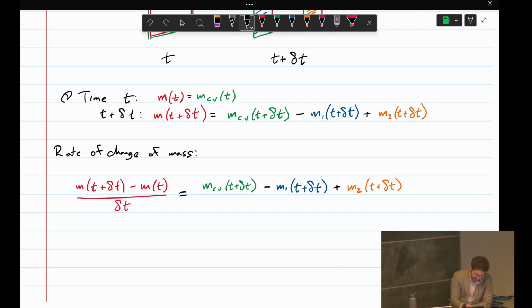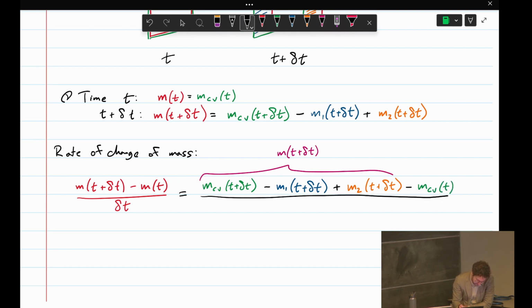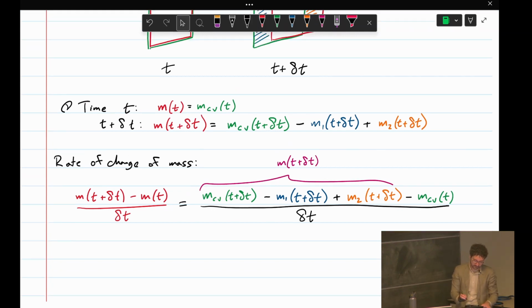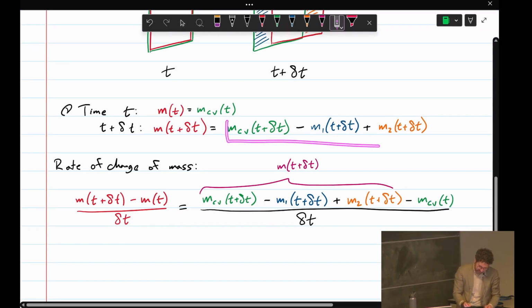So this whole term is just the mass at time t plus delta t, minus the original mass at t, all over delta t. So all I did was just take the delta in mass, so this minus this.